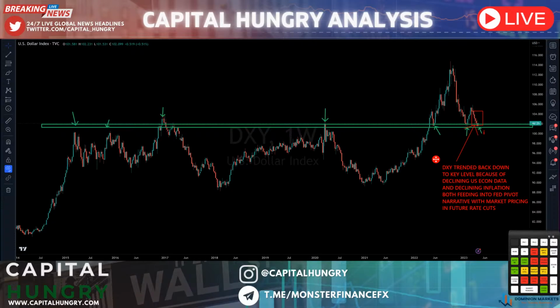Over the last couple of weeks, we've had declining US economic data feeding into a recession scare narrative, bringing less confidence and demand into the US dollar. On top of that, the last key inflation figures also showed significant decline, which has the markets pricing in a future lower interest rate environment, as obviously it shows that the aggressive rate hike cycle the Feds have done is doing its job of combating and starting to regulate inflation.